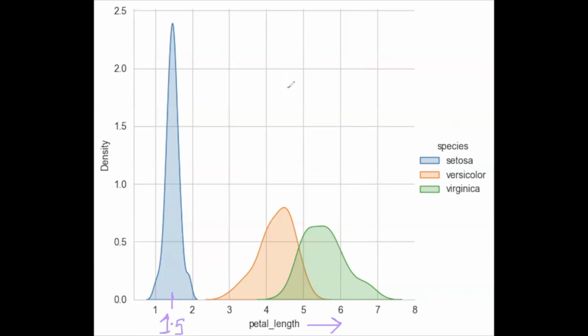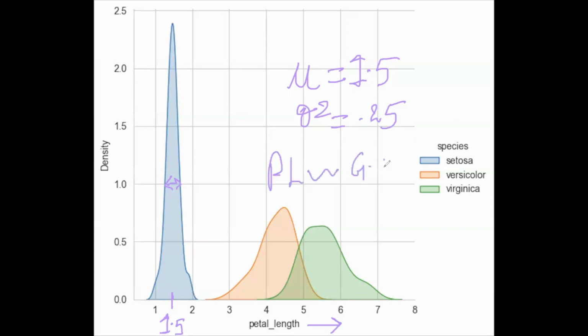That is, I'm taking mu is equal to 1.5. And let's say the variance seems to be very small here, so let's take sigma square is equal to 0.25. And let's assume that this setosa's petal length follows Gaussian distribution. This is all assumption I am making right now.